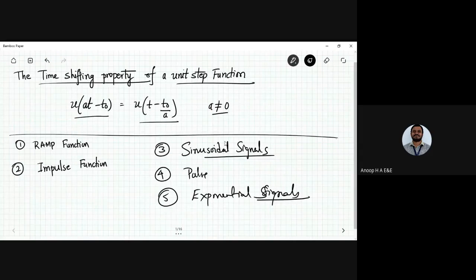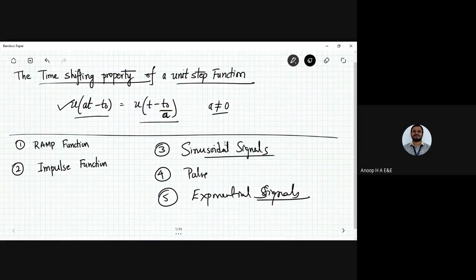Now, one important property is the time shifting property of a unit step function, that is u of at minus t naught, which would be equal to u of t minus t naught divided by a.